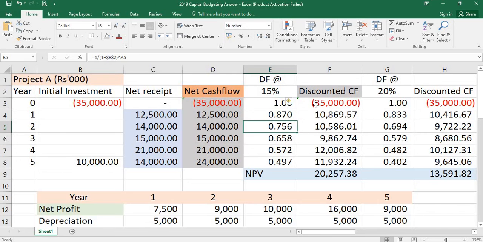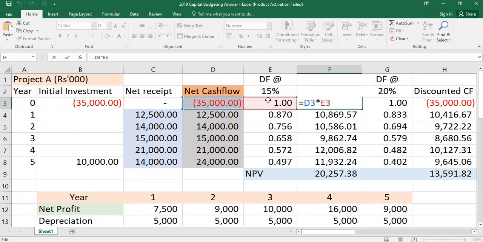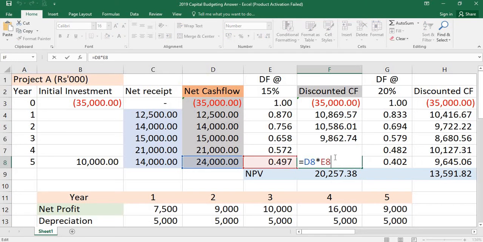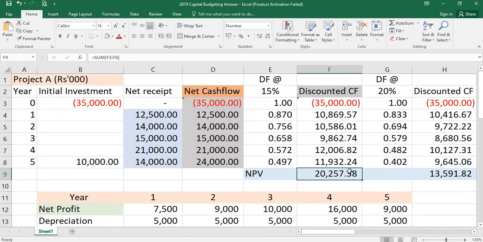Then I will multiply the net cash flow by the discounting factor, and you will end up with these values. Now you can find the NPV, net present value.